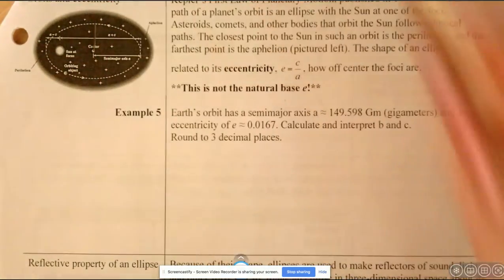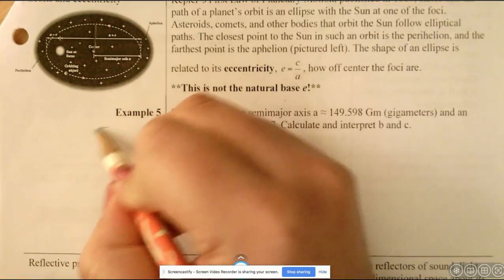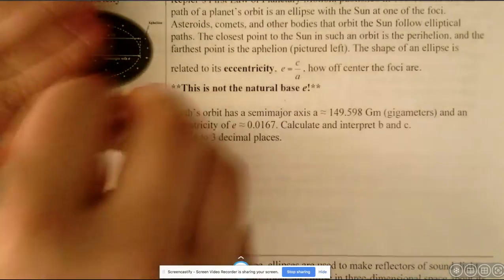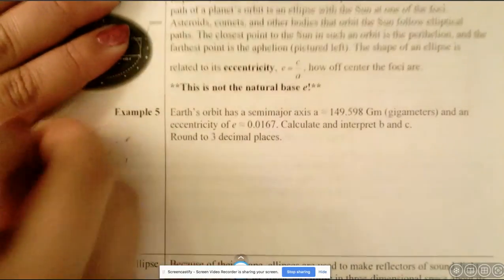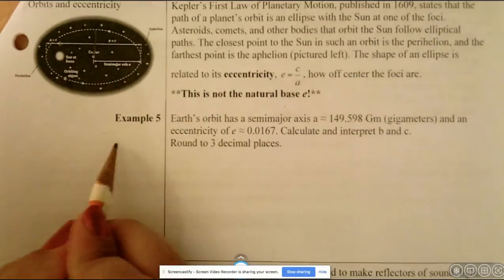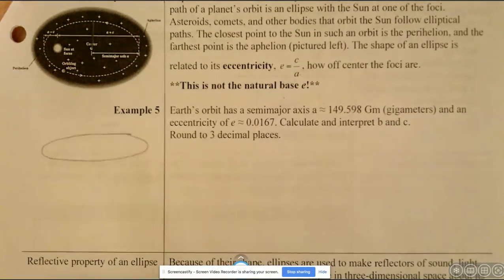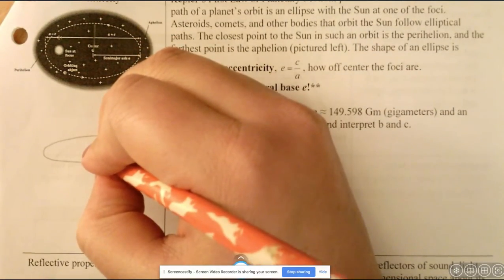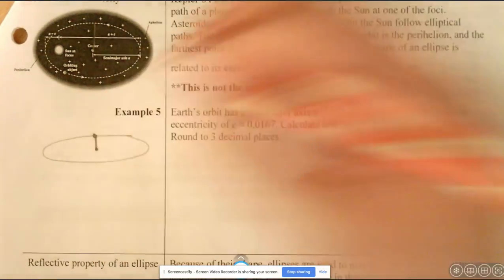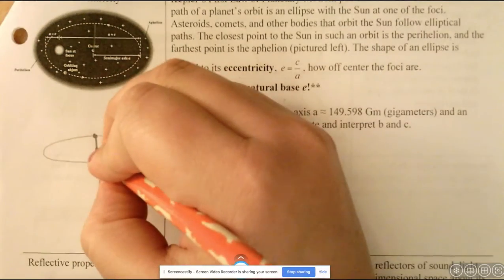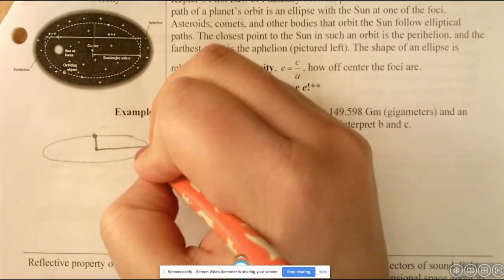but the perpendicular distance. So here is, let me do it horizontally. And I'm accentuating this so that we can see it clearly. Here's the center. That would be the semi-minor axis, and this would be the semi-major axis.